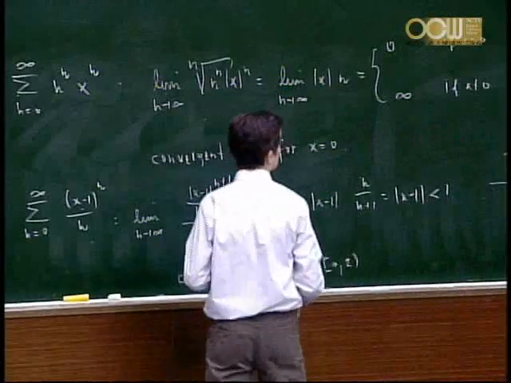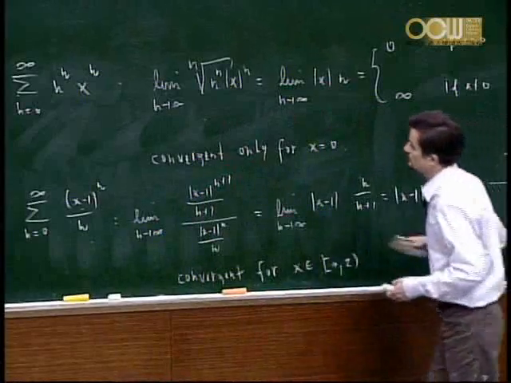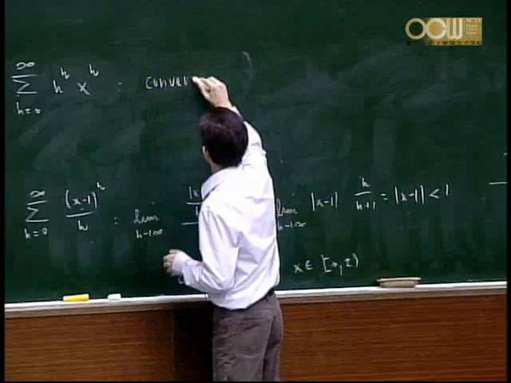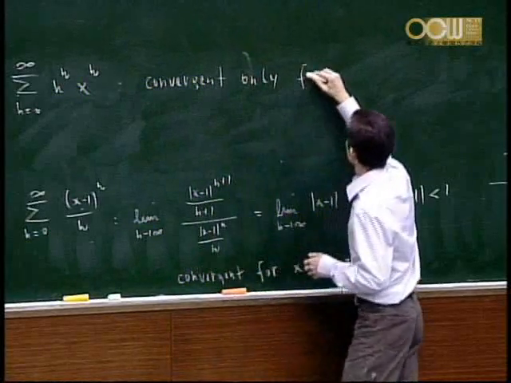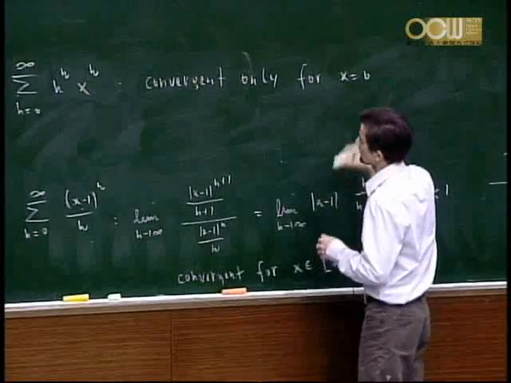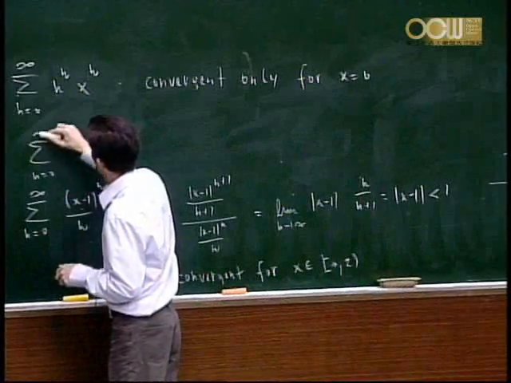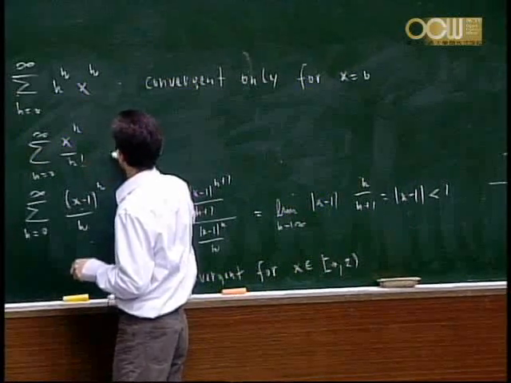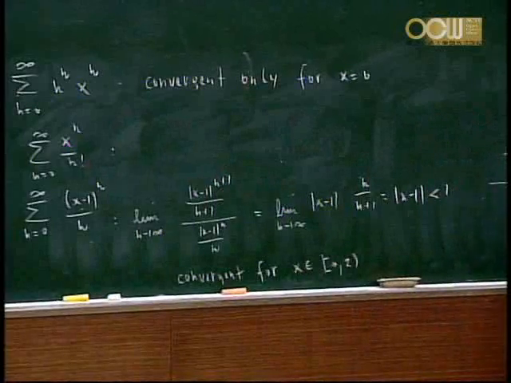And here is a third example. So maybe it's convergent only for x is equal to 0. For this one, this series we already checked before.